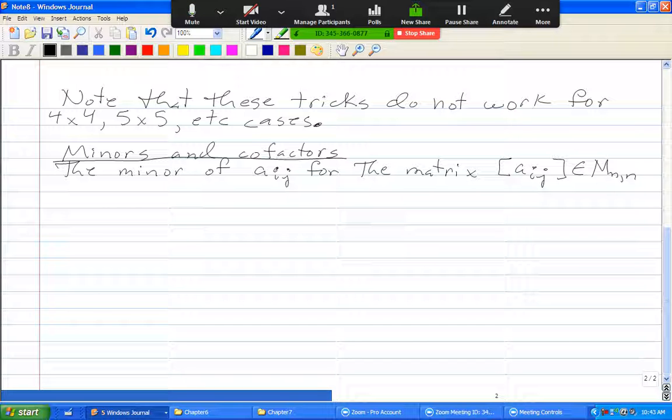I is 1, 2, 3 up to n. J is arbitrary 1, 2, 3 up to n. Whereas this is some fixed Aij. So the minor of this fixed Aij is denoted by Mij.